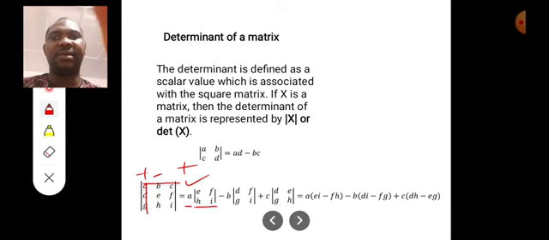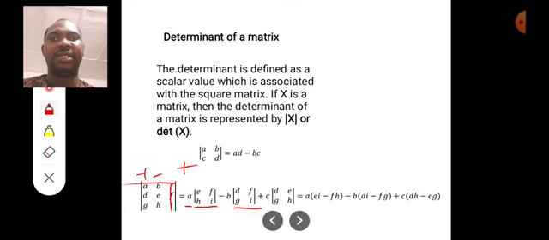Then minus B. When we pick minus B, eliminate all the elements in the same row and the same column as B. What do we have left? D, F, G, I. That's exactly what we have here. Then for plus C, if I do the same, eliminating elements in the same column and row, what do I have left?